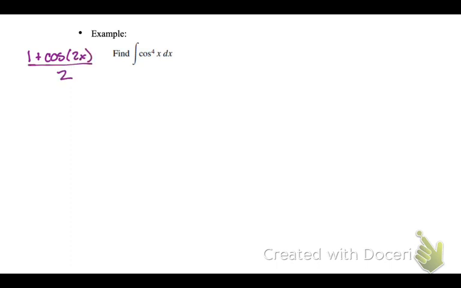I forgot my 2x. So we're going to see this as cosine squared and cosine squared, right? So we have the integral of 1 plus cosine of 2x all over 2, squared.